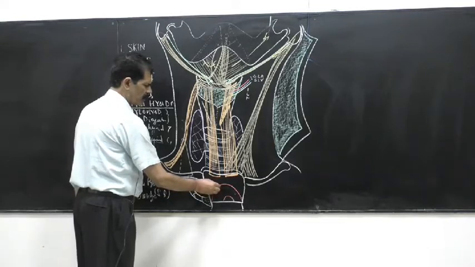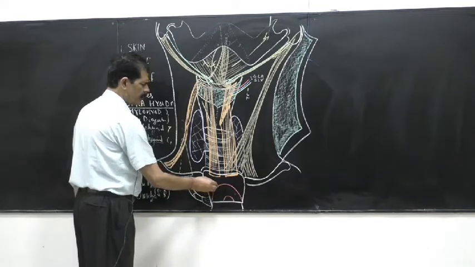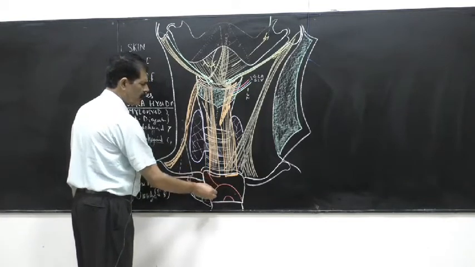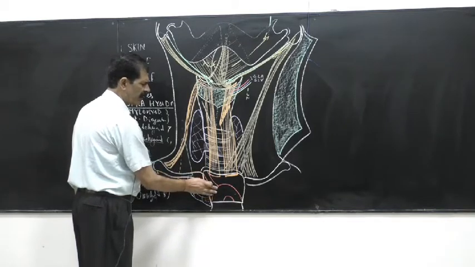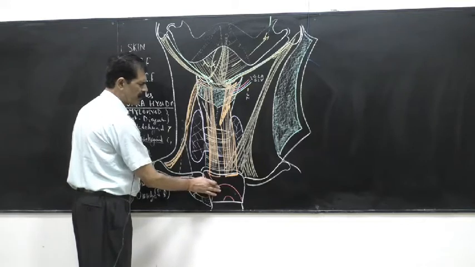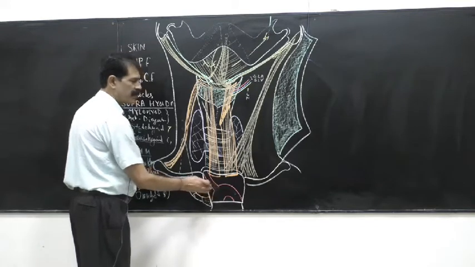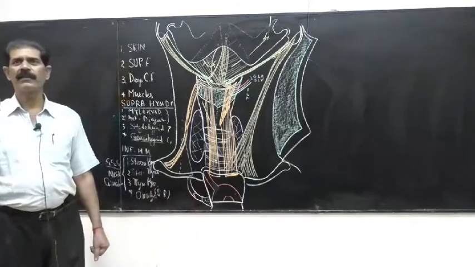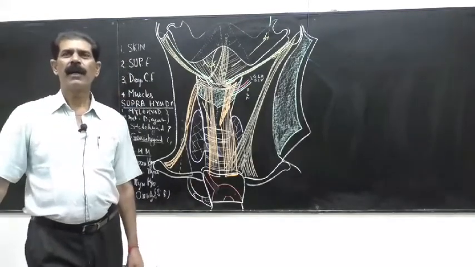Three branches. On the right side, the brachiocephalic. Cephalic is the correct word, a medical term.